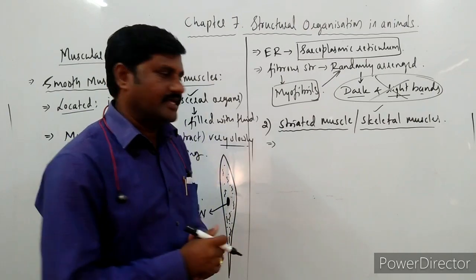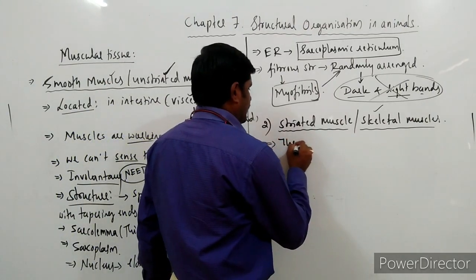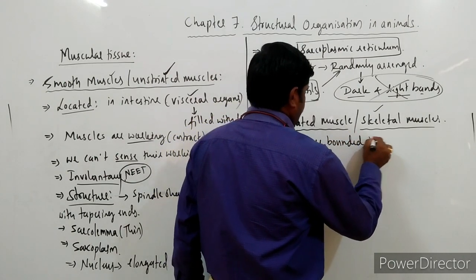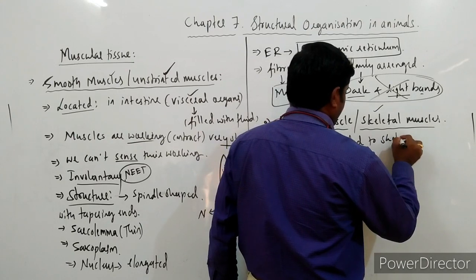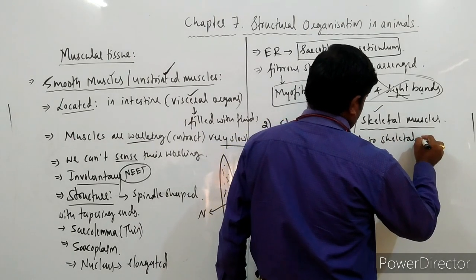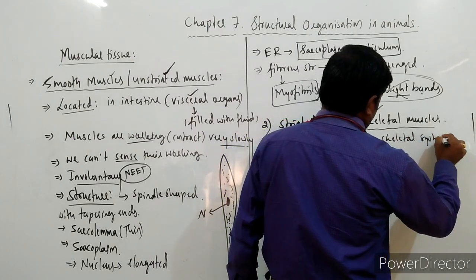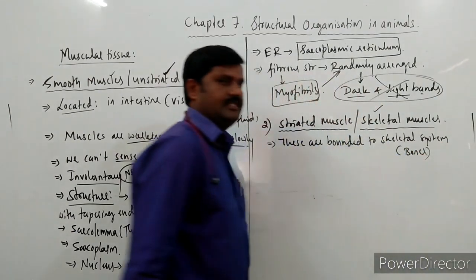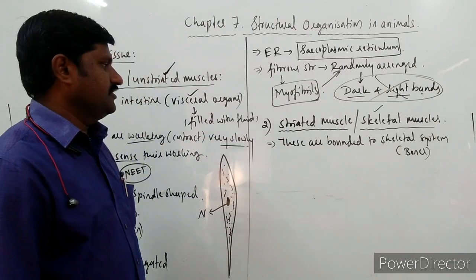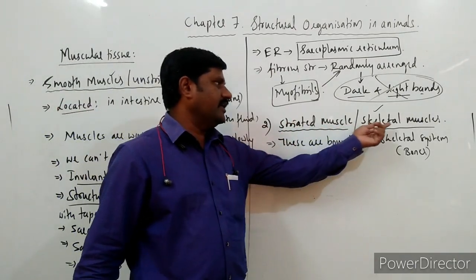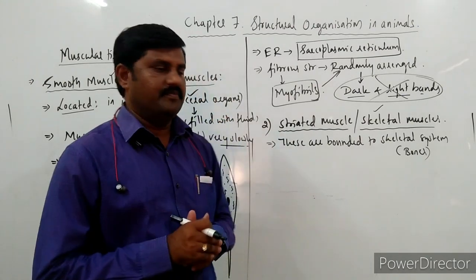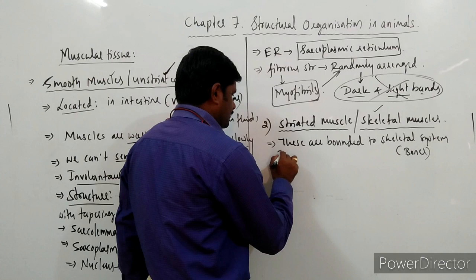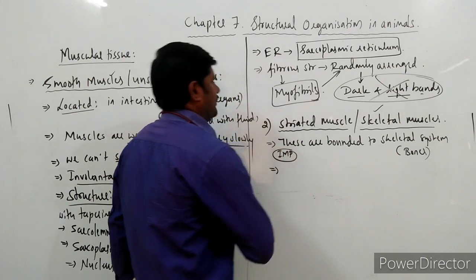They are bound to the skeletal system. Skeletal system in the sense that bones. They are bound to bones itself, right? So that is why they are called as skeletal muscles. The point is very important. So this is to be noted over here.